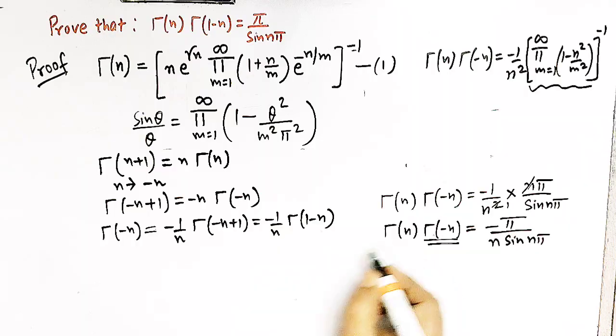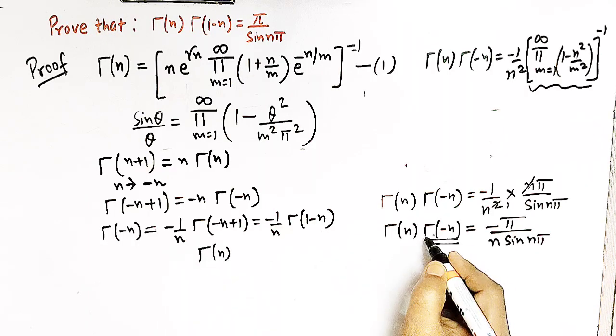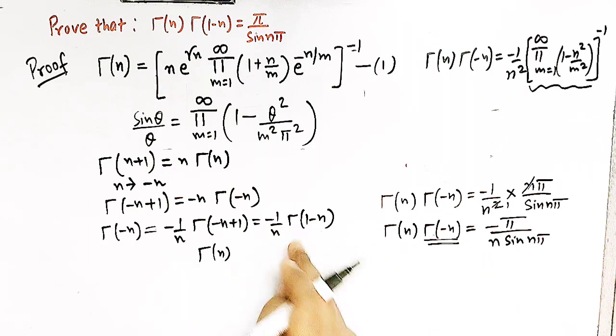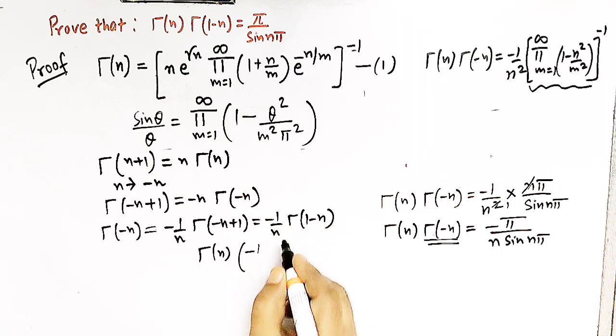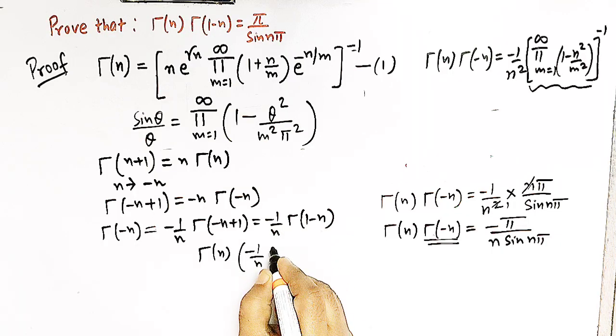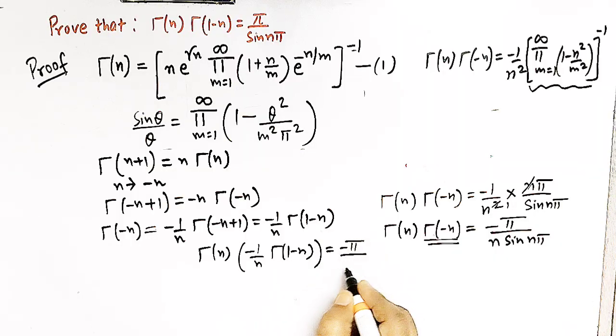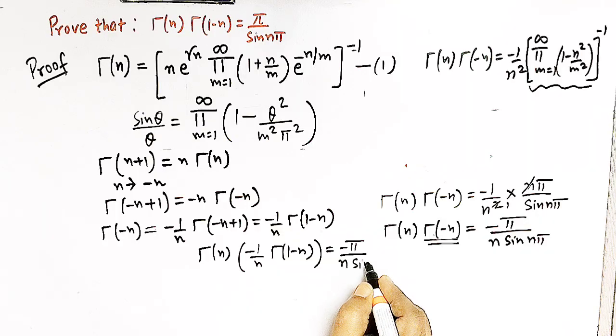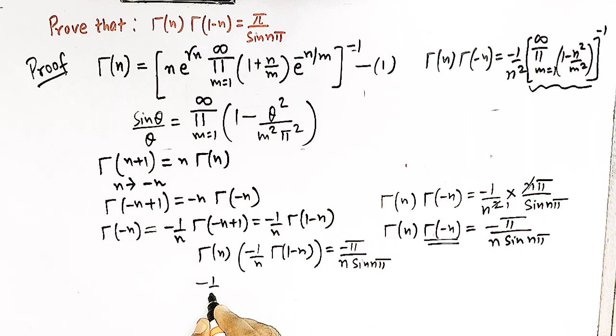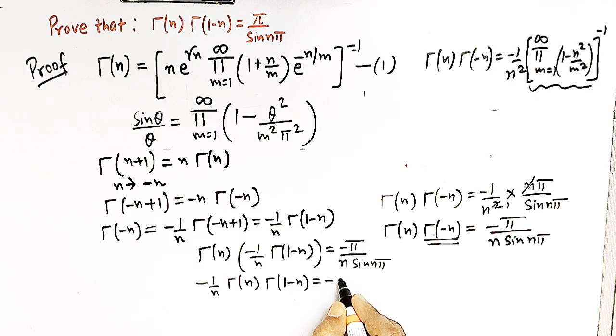So here we write gamma n, and gamma of minus n is replaced by minus 1 over n gamma 1 minus n, and here we have minus pi over n times sine n pi, right?